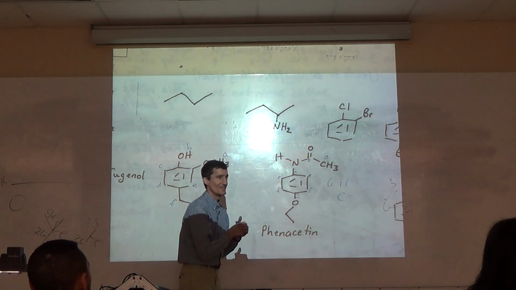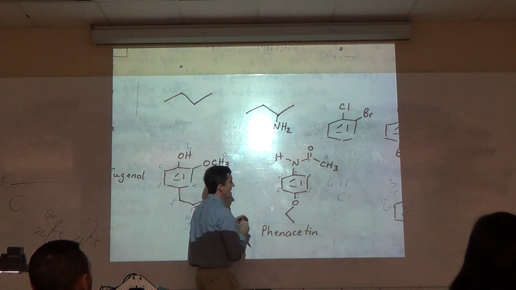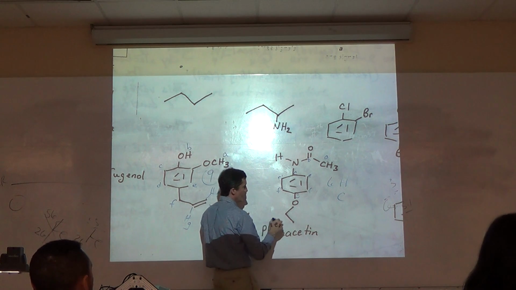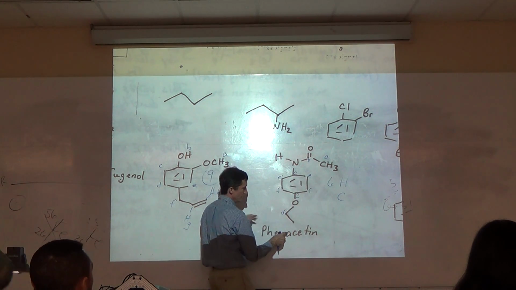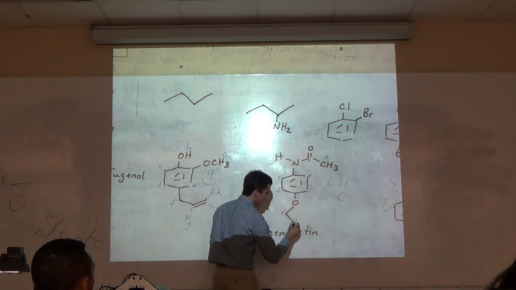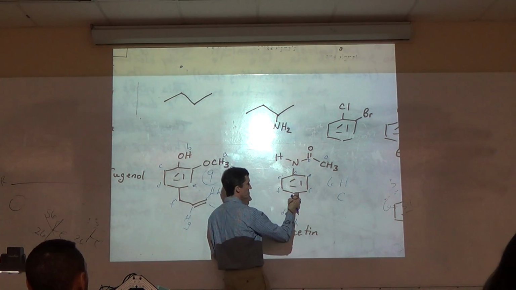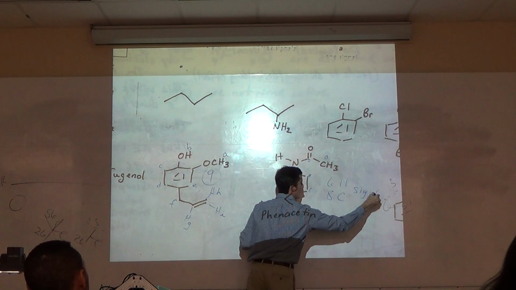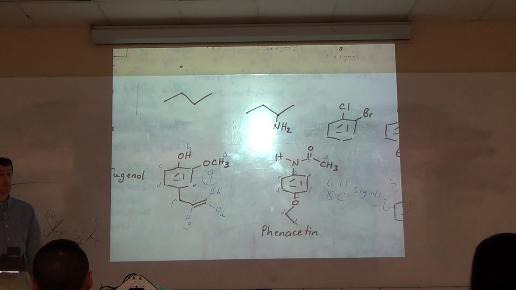Did I skip D? I'll call this one D. Now we have A, B, C, D, E, F, G. How many different carbons? 1, 2, 3, 4, 5, 6, 7, 8. 6 different types of hydrogen, 8 different types of carbon, meaning those signals.